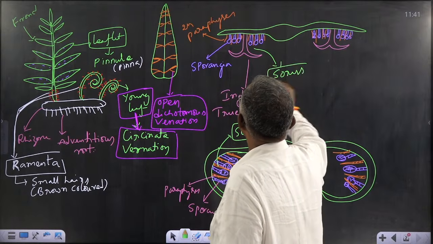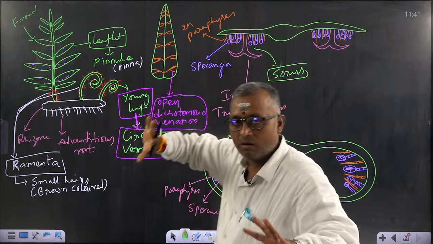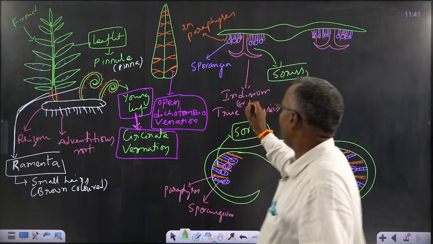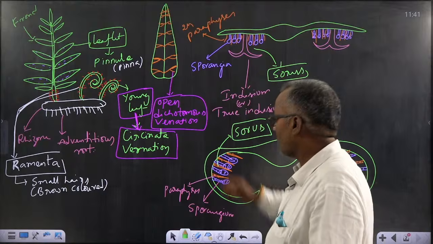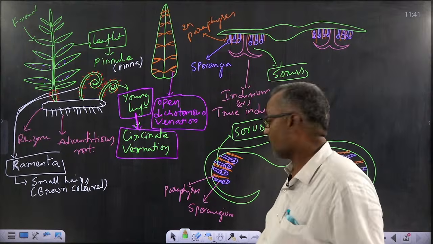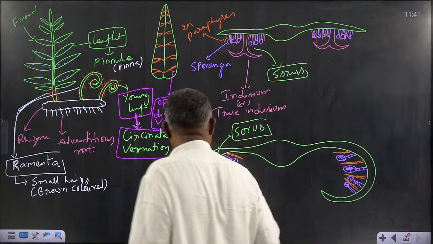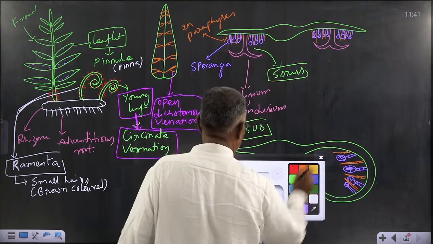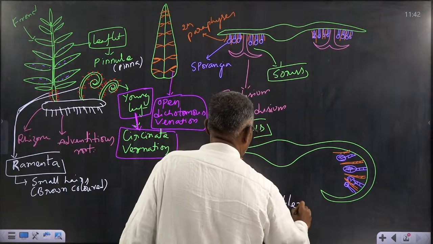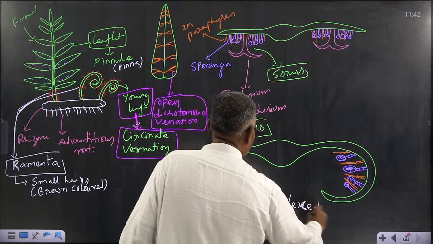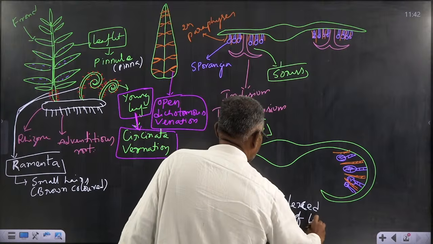Now this sorus is covered by a protective covering of its own. Then it is called true indusium, or indusium. If this sorus is covered or protected by the reflexed margin of leaflets, reflexed means curved.